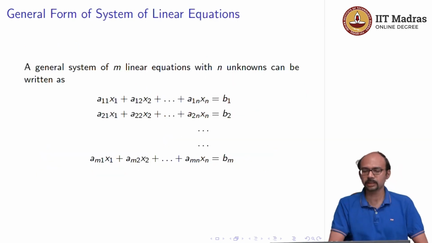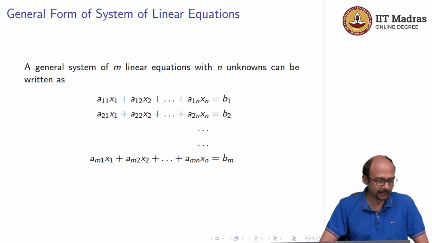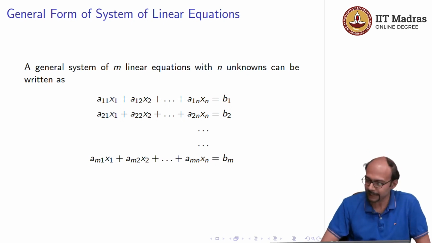So what is the general system of linear equations? You have m linear equations, that means m equations and n unknowns. n unknowns means you have x1, x2, xn. We write these as a11 x1 plus a12 x2 plus ... plus a1n xn is b1, a21 x1 plus a22 x2 plus ... plus a2n xn is b2, and all the way up to am1 x1 plus am2 x2 plus ... plus amn xn is bm.